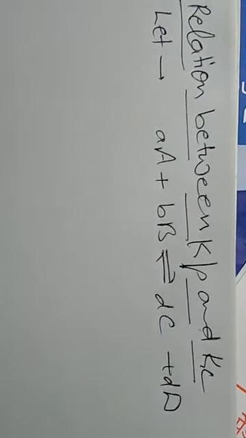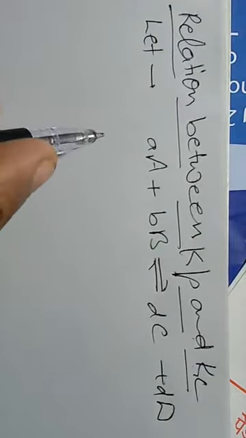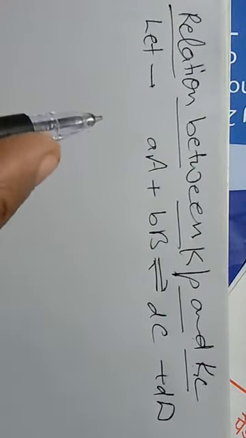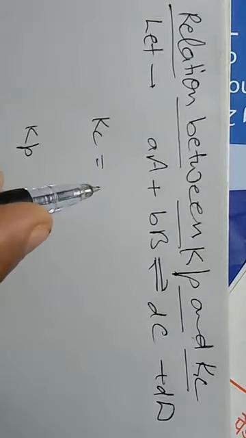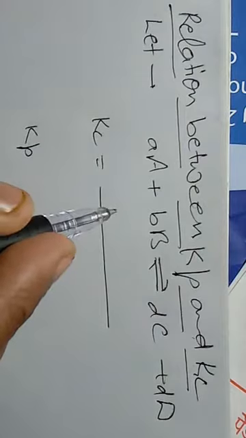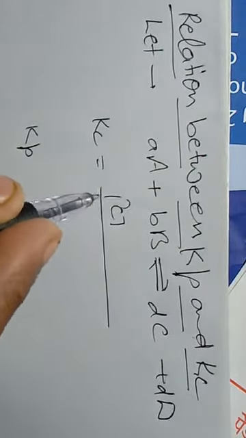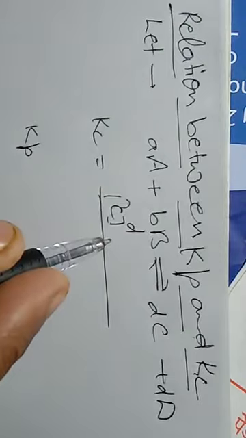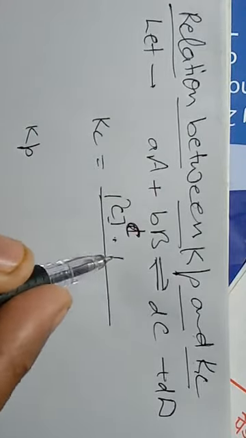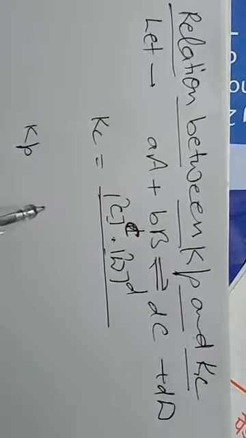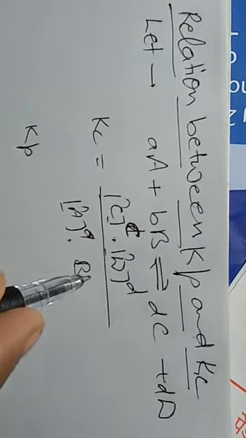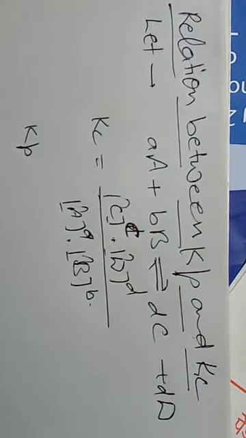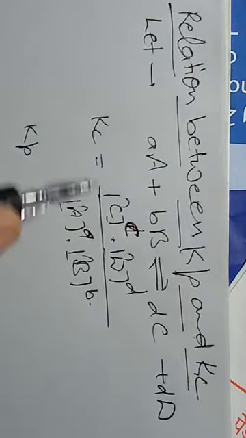Okay students, so for this reaction we can write the value of Kc and Kp. For Kc, the relation will be concentration of C raised to the power c, concentration of D raised to the power d, divided by concentration of A raised to the power a, and B raised to the power b. This is the value of Kc.